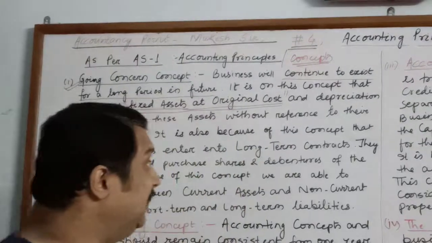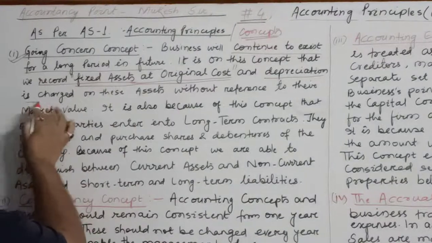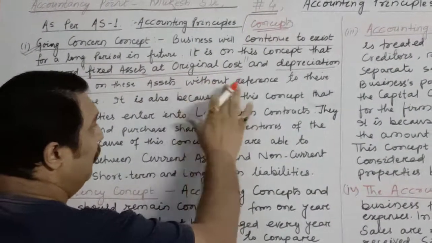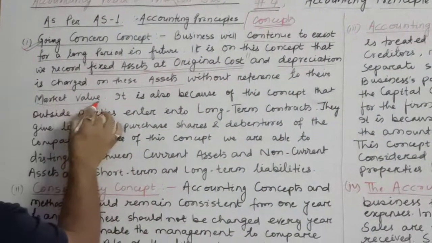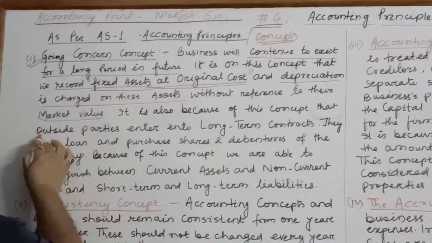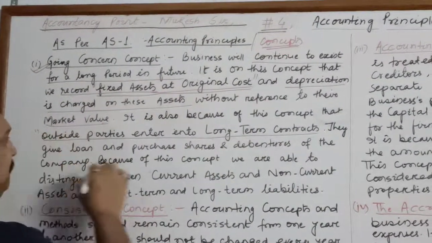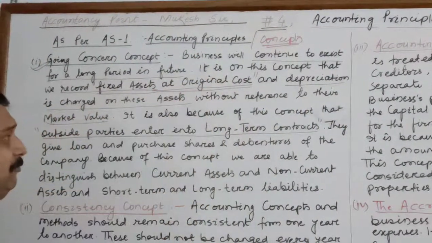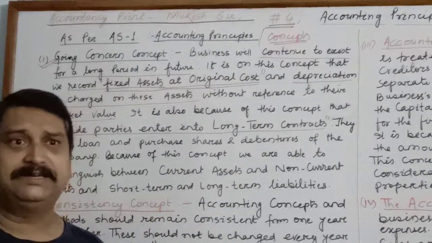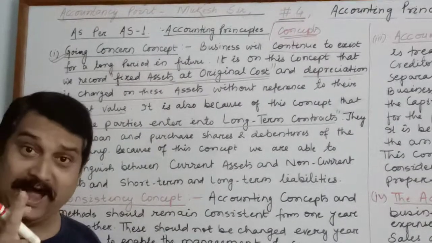So it is because of this particular concept that depreciation is charged on these assets without reference to their market value, as I told you. It is also because of this concept that outside parties enter into long-term contracts. At the very beginning of this concept, I told you that the investors, the financiers, the creditors are ready to provide money. Why?